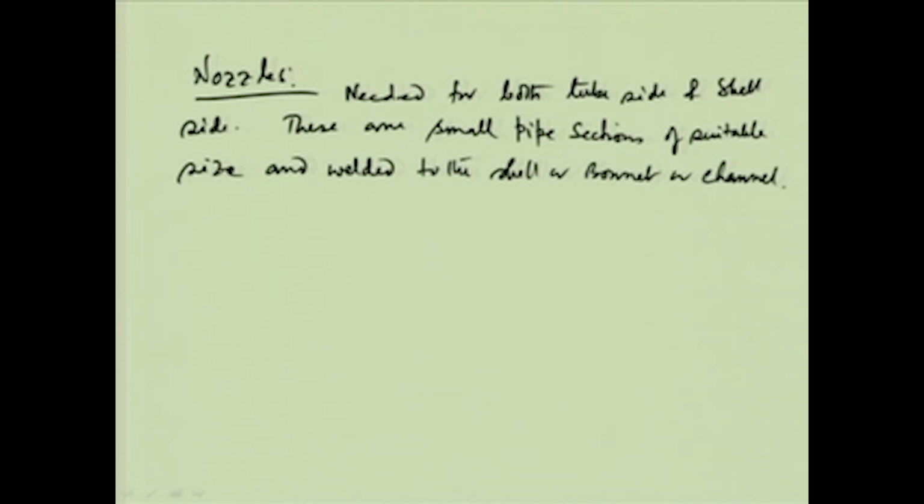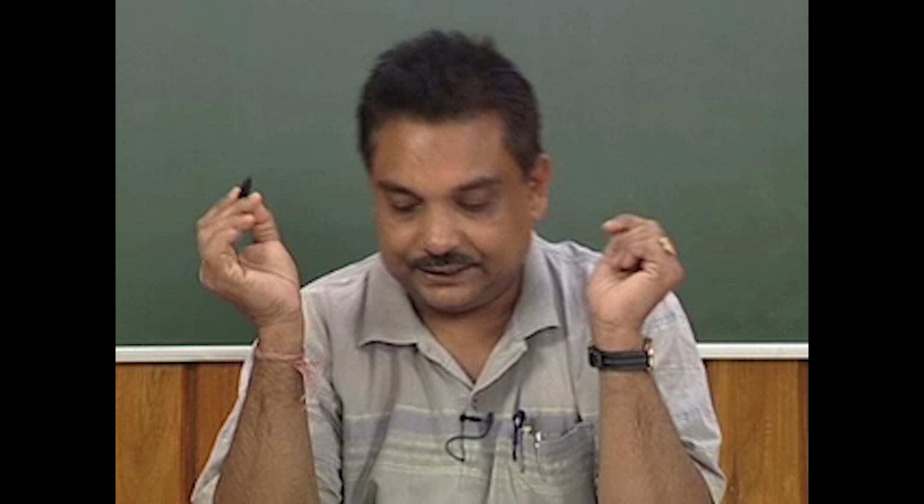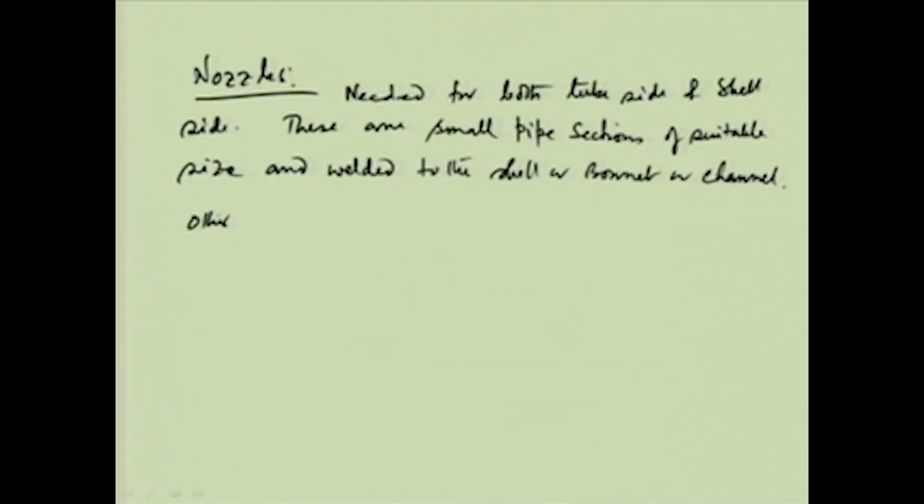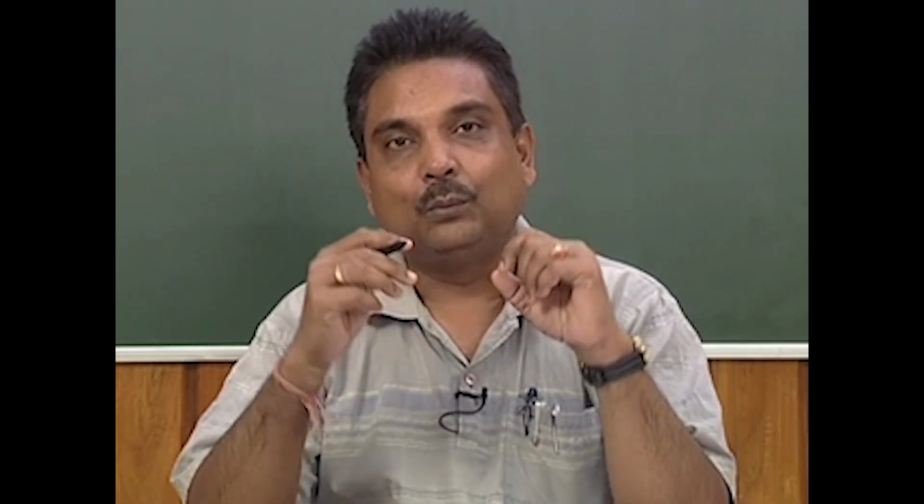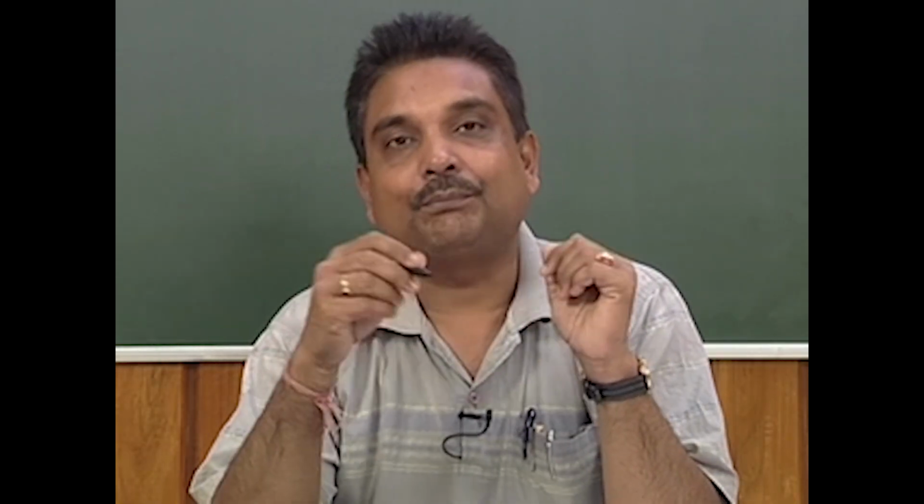In addition, the other end of each nozzle will be fitted with a flange. The reason is that this flange will couple with another flange fitted to the pipe.